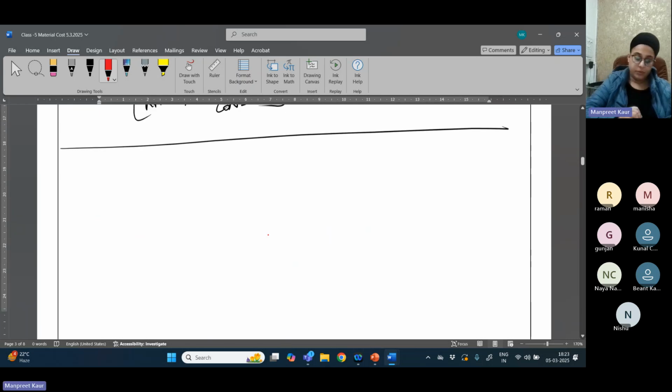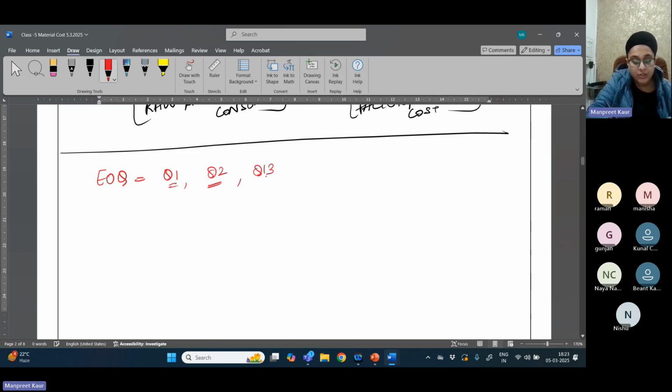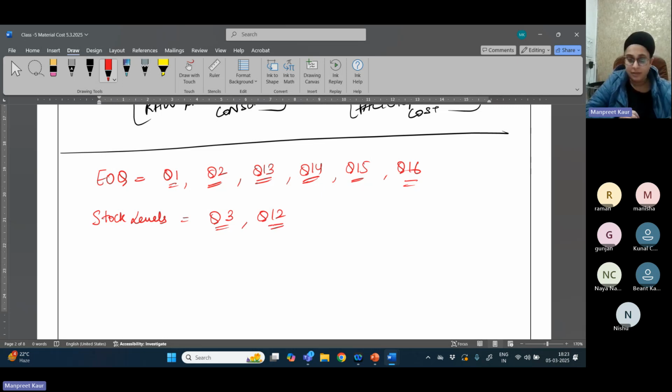We have this space available. From your module there are 20 questions. Question number 1, 2, 13, 14, 15, and 16 are related to EOQ. Next, stock levels: question number 3 and question number 12 are related to stock levels.